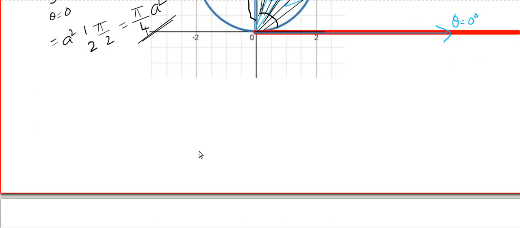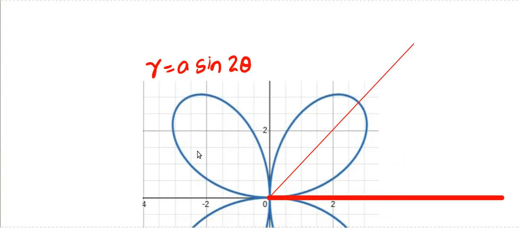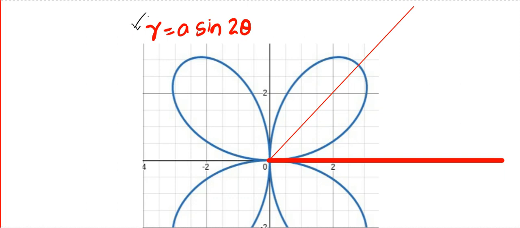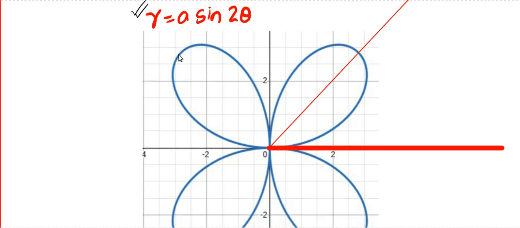Okay, similarly, now this is very important because they have asked this question in the exam. So they will ask you to evaluate, and be very careful. Sometimes they will ask, evaluate the area of one loop. Sometimes they will ask, evaluate the area of all the loops.